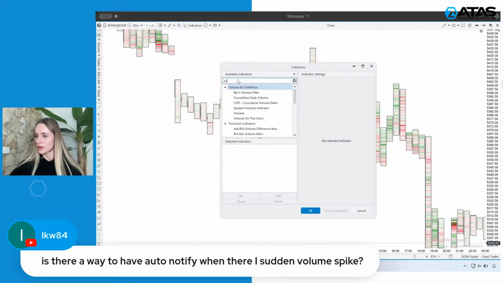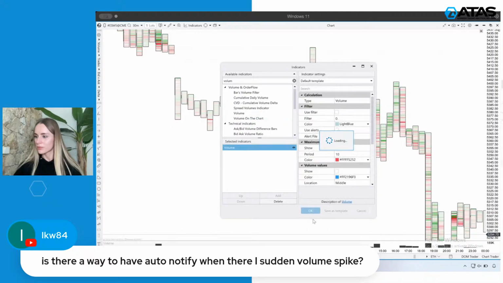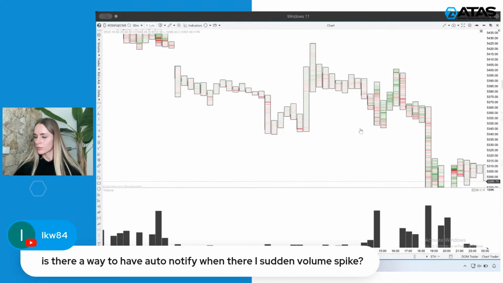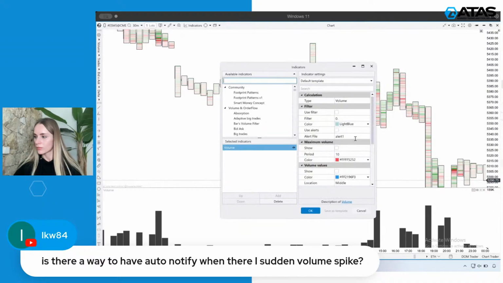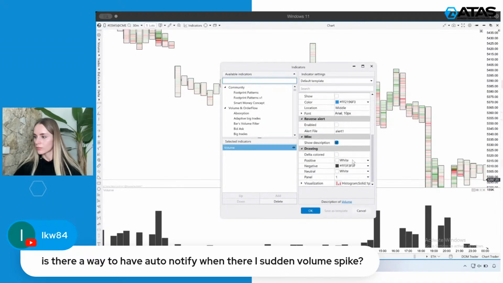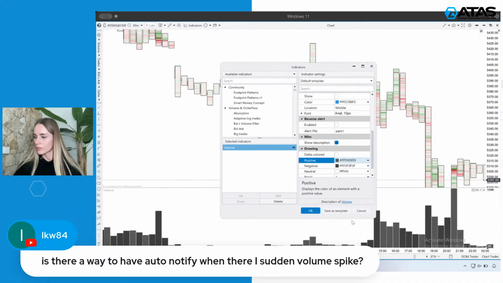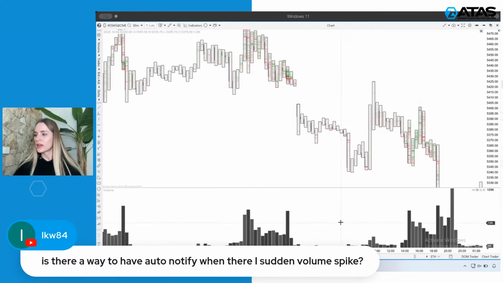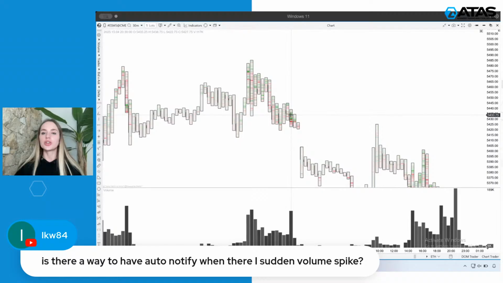Apologies for the technical interruption for 10 seconds. There we go. So let's have a look at other scenarios. Let's have a look at the trend continuation setup.